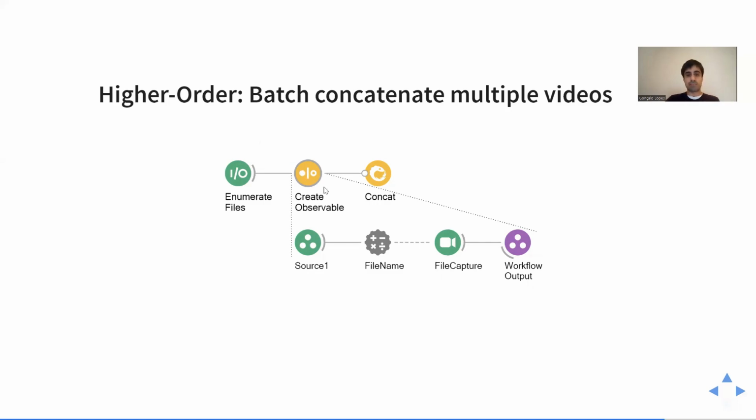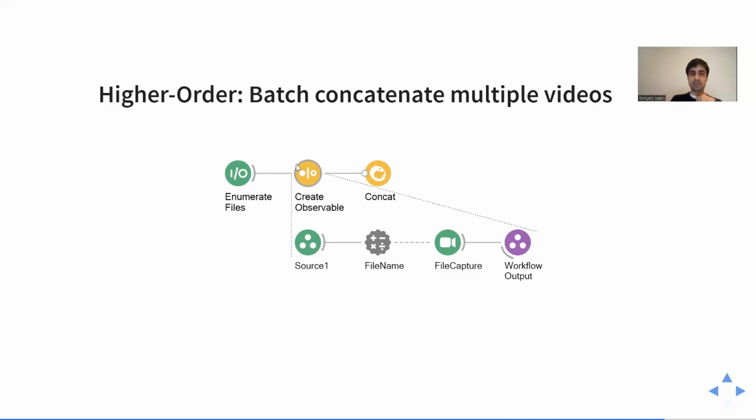So for each file name, this is the workflow we have defined inside. We receive the file name. We specify the file capture node with an externalized property that receives that file name. So that's the file name that will start playing the file.